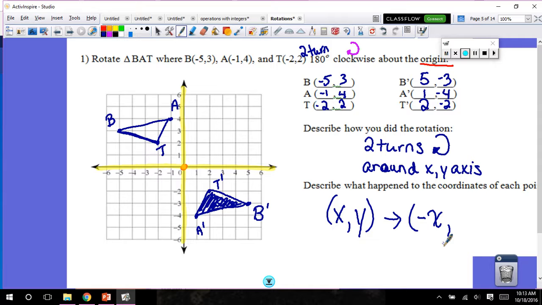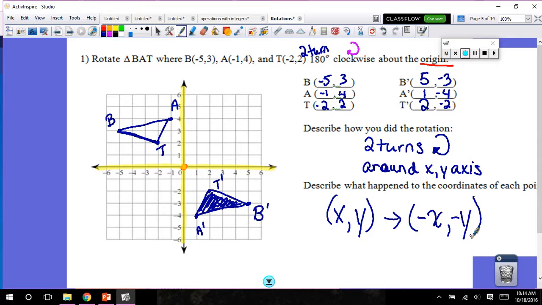Opposite sign, change signs. And then from the Y, it went from 3 to -3, 4 to -4, so what happened to it? It also changed signs. So that's what they call the shortcut. You can use the patty paper and do that every time if you wish. I'm a visual learner. Remember, I tell you that all the time. So the patty paper works best for me.